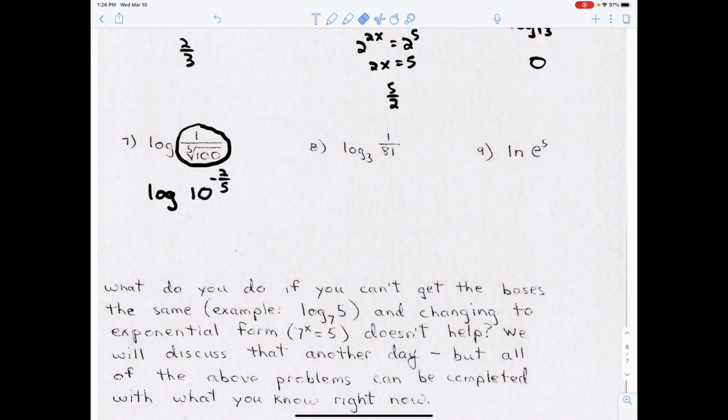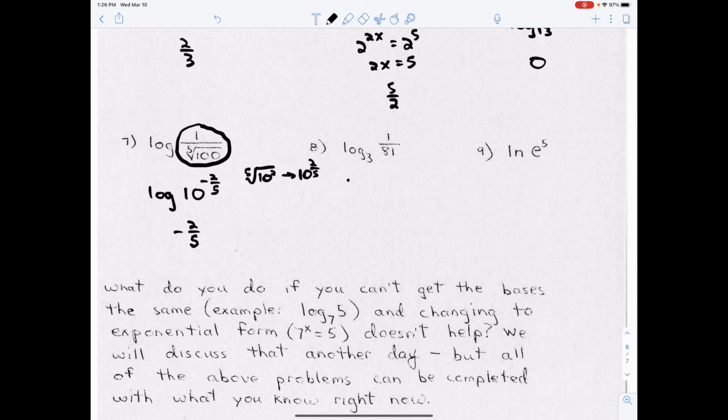Let me take that a little slower. The 5th root of 10 squared is 10 to the 2/5 power, okay? But since it's in the denominator, we can put it in the numerator by changing the sign and making it negative. And so the answer is negative 2/5.